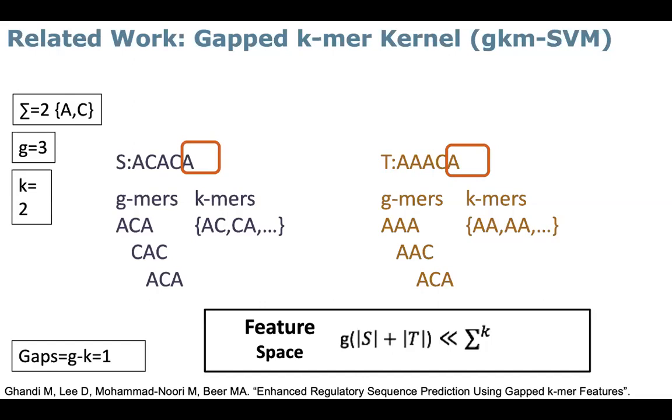They created this new gk-mer idea, which dramatically decreased the feature space from sigma to the k to something on the order of g times s and t. Please go to the paper for details if you are interested.